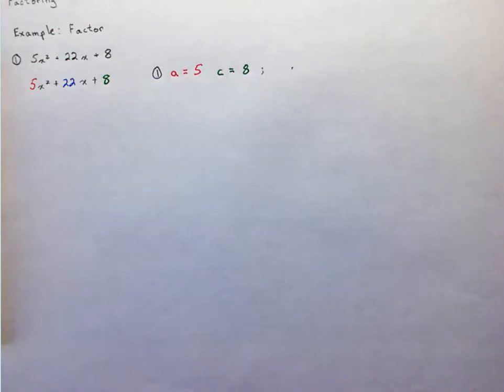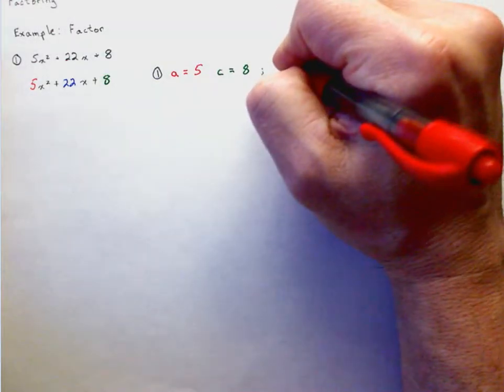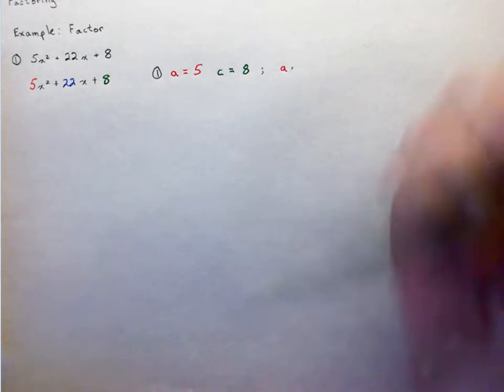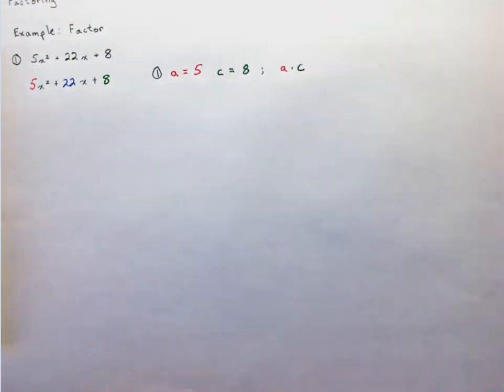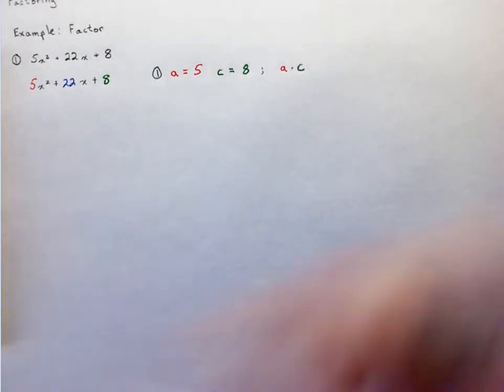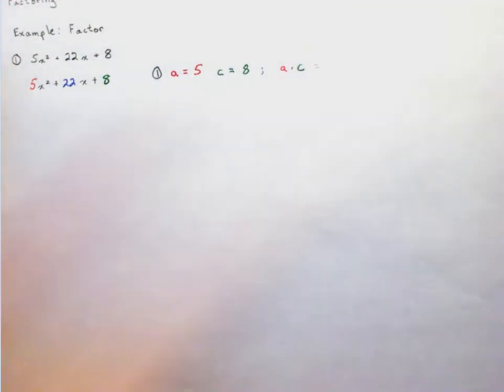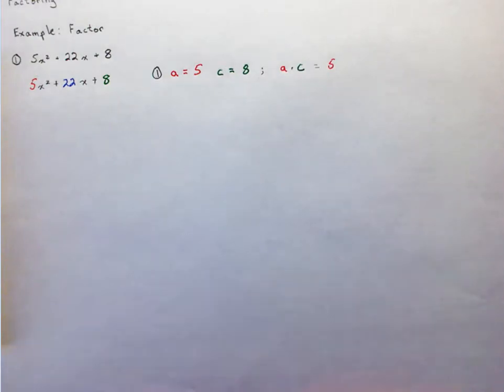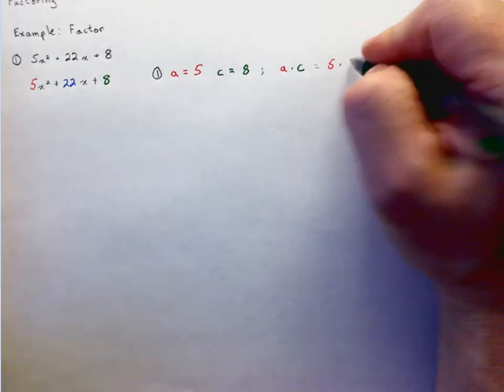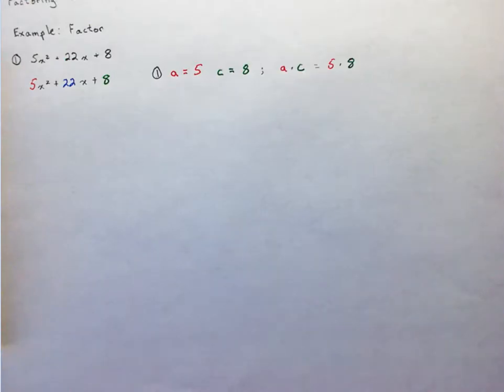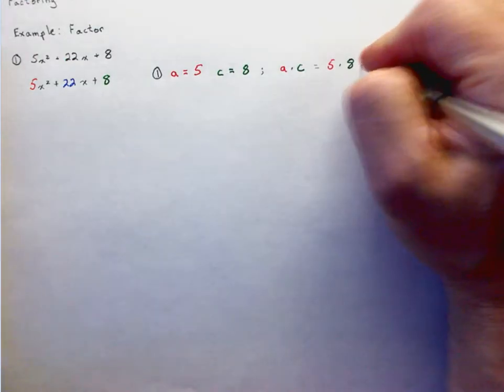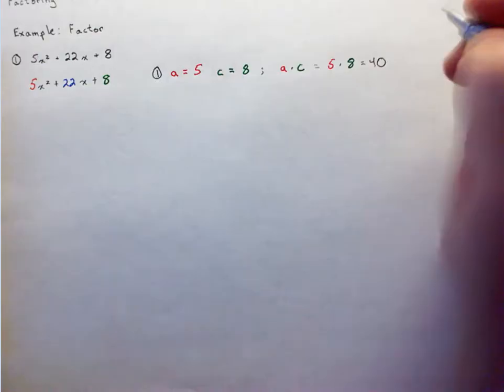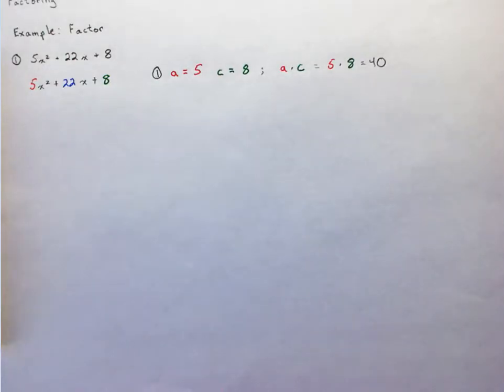I want to find the product of a and c. That is simply their numeric values: 5 times 8. What does that give me? 40. Now I need to find those factors of 40 that equal b.